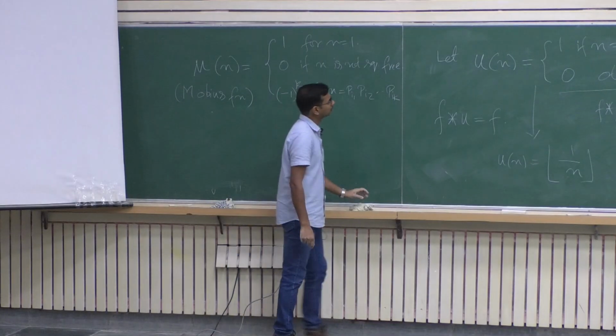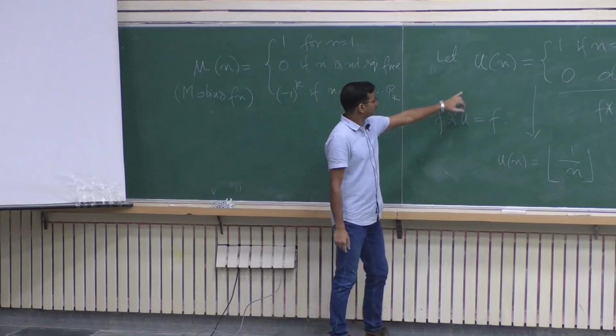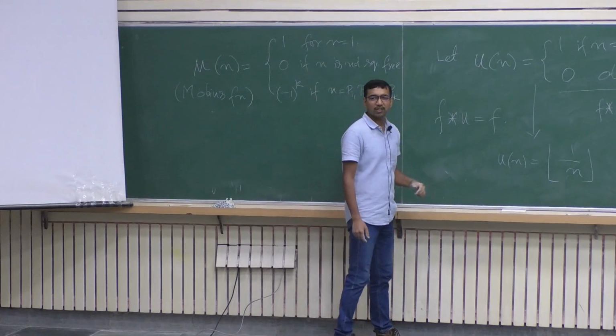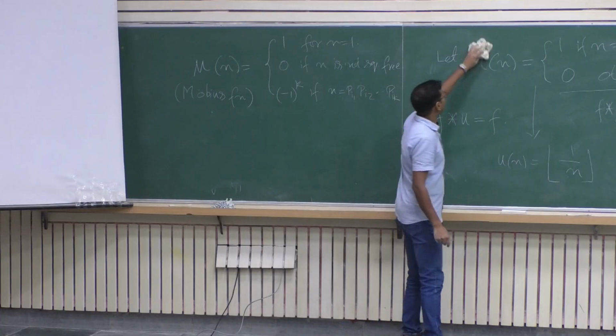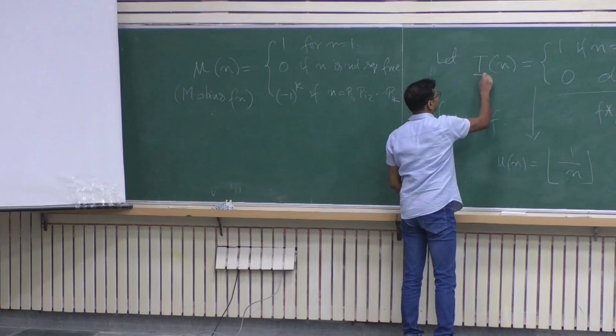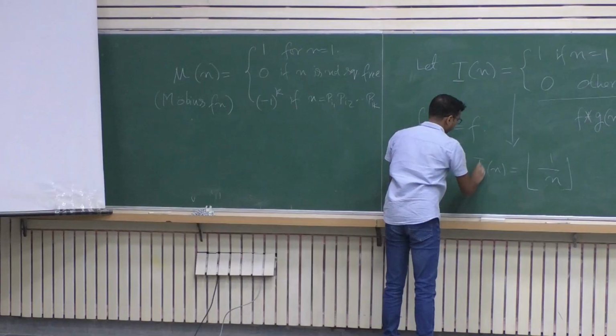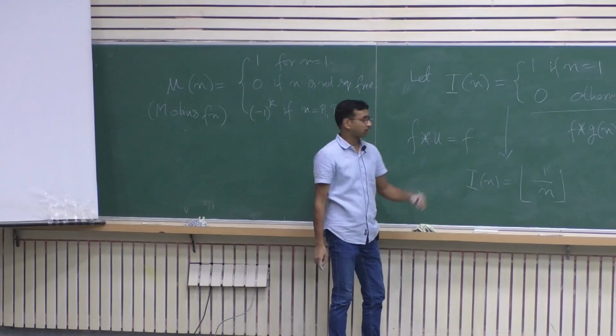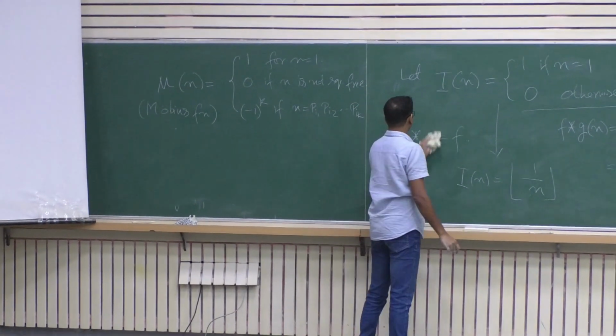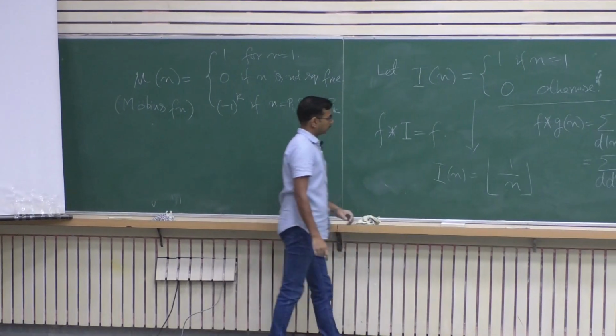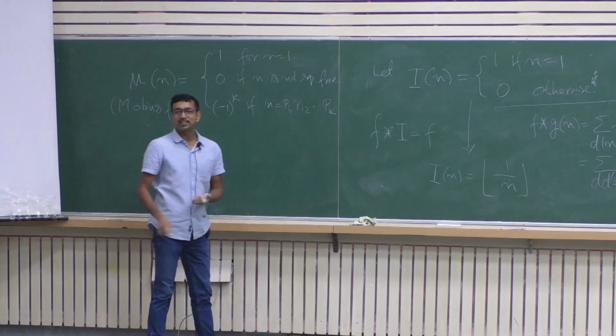Actually, instead of denoting it u, since it's an identity, we can denote it by I. That would be easier. It's the identity function of every convolution, right? Because we will call something else the unit function.